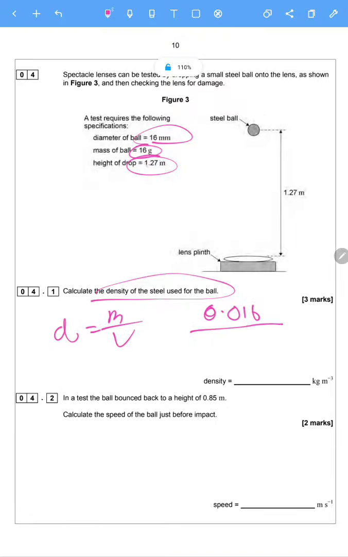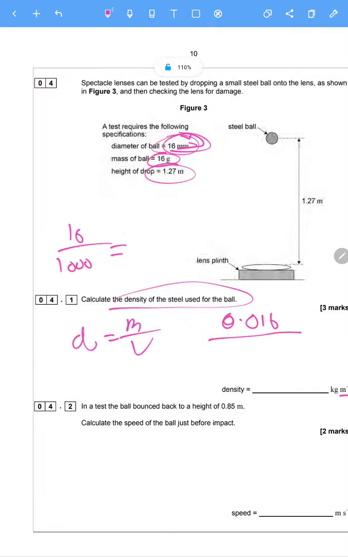So density is grams over volume, and that one's in millimeters. So to convert that into meters, that is 16 over 1,000. Oh wait, the mass is 16 grams. It's 16 over 1,000 equals 0.016.